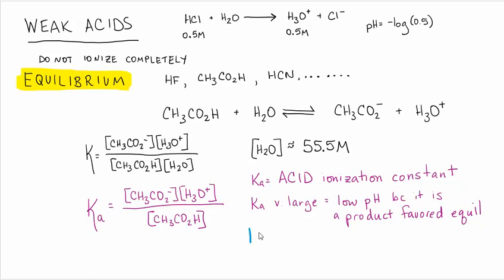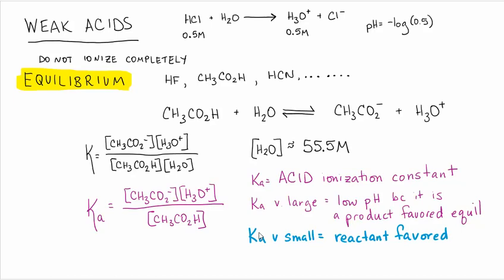However, if you have a Ka that is very small, I'm not talking negative, I'm talking 0.0001, 1 times 10 to the minus 4, somewhere along there. If you have a Ka that is very small, that is a reactant favored equilibrium. And it will still have an acidic pH.